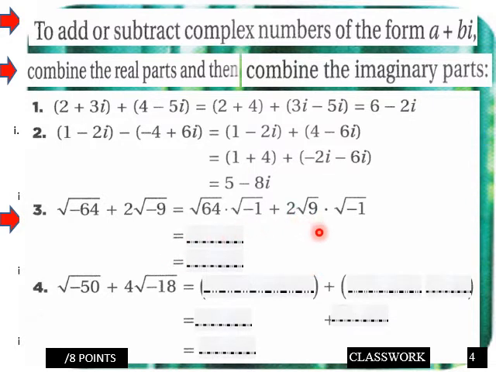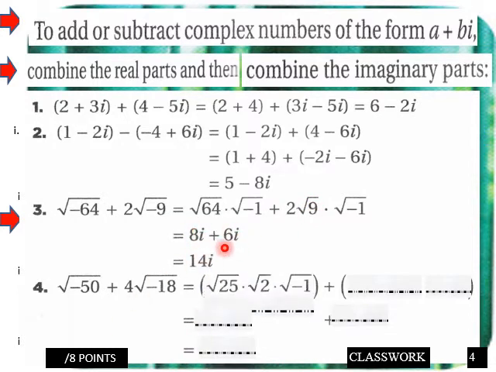2 times square root of 9 times square root of -1, plus 8i plus 6i. So this would be i here, this would be i here. We see 8i, and then 2 times the square root of 9 would be 3, would be 6i. Then we can combine those to 14i.